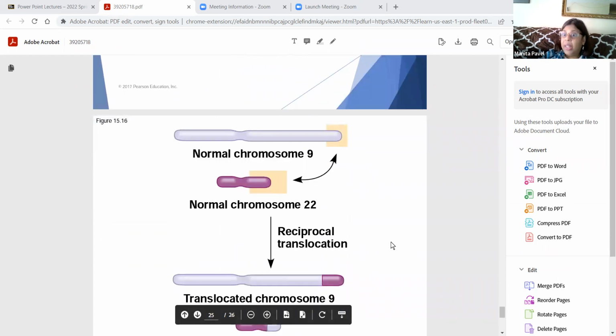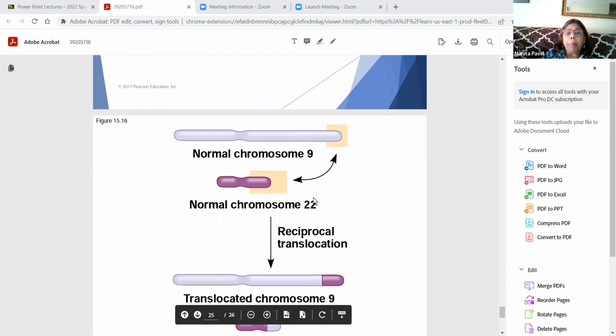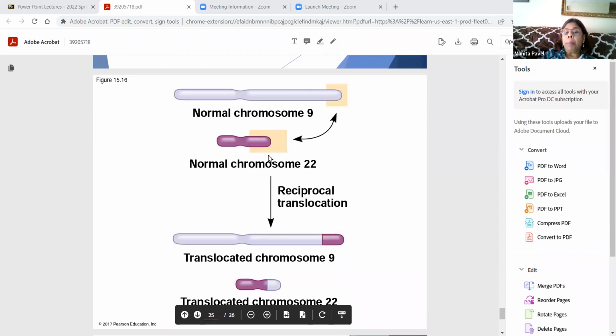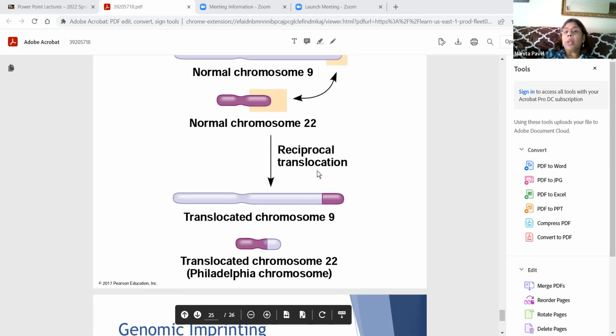Now let's see firsthand what happens in translocation. So you have a normal chromosome number 9 here, and you have normal chromosome number 22. But part of a segment on chromosome number 9 and chromosome number 22 are going to switch position. So you see here, this is reciprocal translocation.